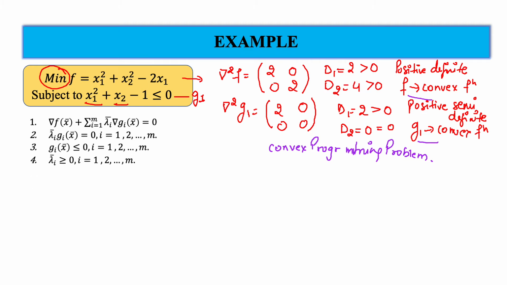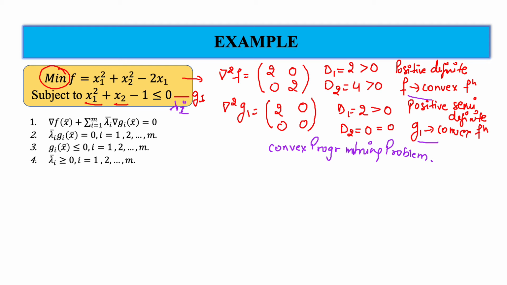Now we will try to solve the KKT conditions. The point that satisfies the KKT conditions will be the global minimum point of the problem. So what are the KKT conditions? Since it's one constraint, only one KKT multiplier will be there, that is lambda 1.